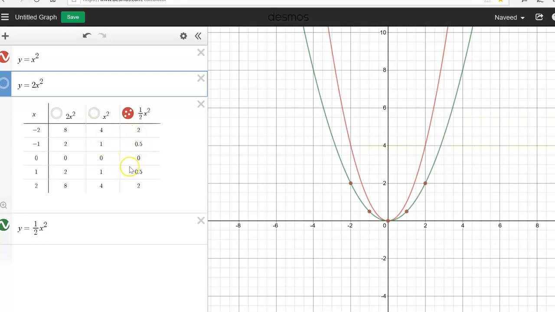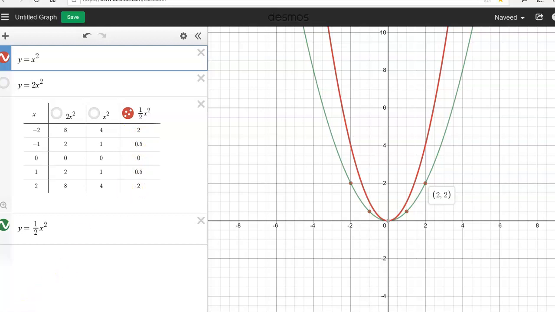That means the graph has vertically shrunk. Originally, if this was the coordinate (2, 4), when you have a half times x squared, it becomes 2, the 4 divided by 2. All of these function values have been halved. So we say that is a vertical compression.